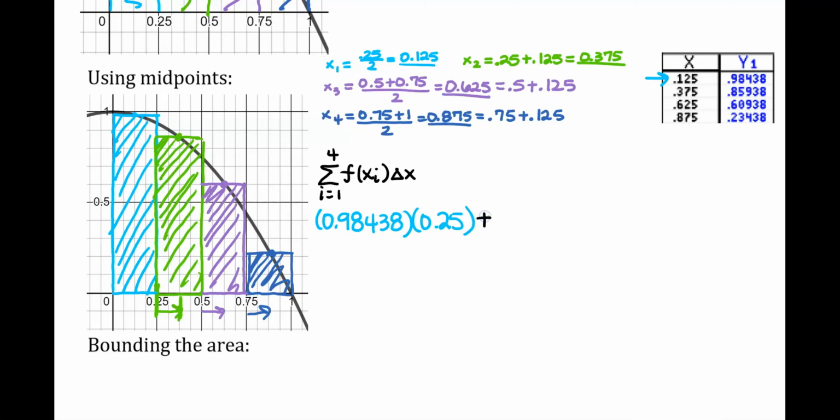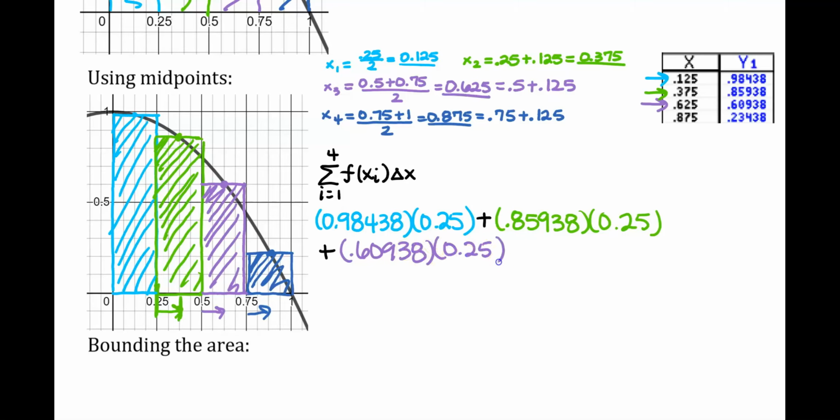And then we will add the height of the second rectangle, which is the function evaluated at 0.375, and that height came out to be 0.85938, and we'll multiply that by 0.25. And then we will add to that the height of the third rectangle, which is the function evaluated at 0.625, and that height is 0.60938, multiplied by the width of that rectangle.